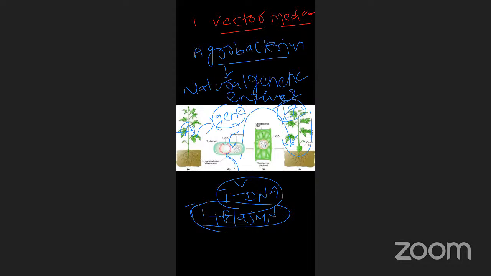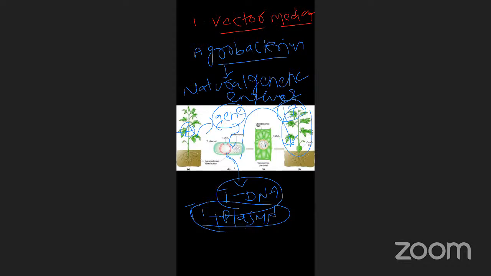Right? Now, automatically, the desired gene is also incorporated into the plants. Is it clear? Does this happen naturally? Yes, that's why it is called a natural genetic engineer. It occurs naturally.